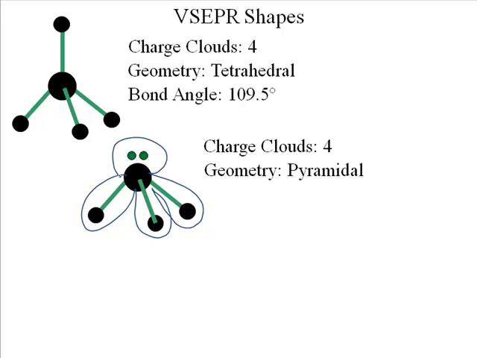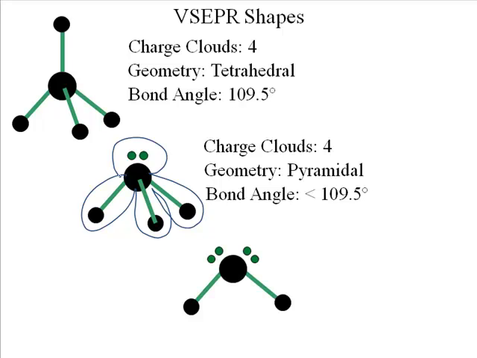And just like we saw on the previous example, when you change out a bond for an electron pair, it squishes the molecule a little bit. So the bond angle on pyramidal geometry is usually a little bit under 109.5 degrees. The last shape we're going to look at is what happens when you have 4 charge clouds and you replace another bond with yet another electron pair. So imagine taking this pyramidal shape, plucking one of the legs off of it, and replacing it with another electron pair.